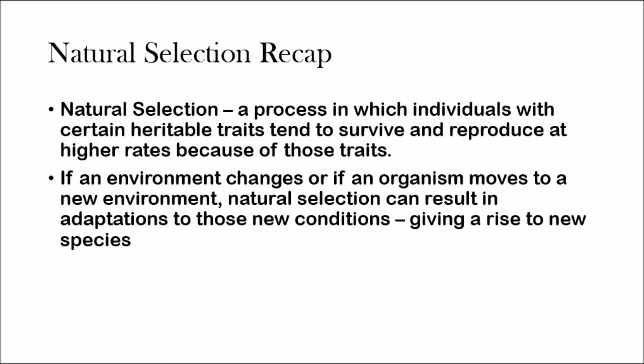So basically, what that means is if an environment changes or the organisms migrate to a different environment, these environments are going to have different characteristics, meaning that they're going to select different traits. And because of that, this can lead to different species being formed. We're going to be talking about that a little bit more. That's called speciation, so stay tuned for that video.